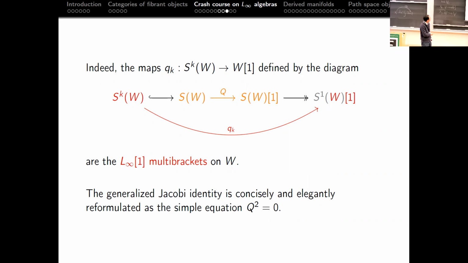So you just include this map into SW, and Q is a degree 1 map, and then look at the projection to the first component W, and then you get a bunch of maps lambda k, starting with k equals 0. That's the higher bracket. And then Q squared equals 0, you just write down the definition, and you will see all the brackets, all the Jacobi identities.